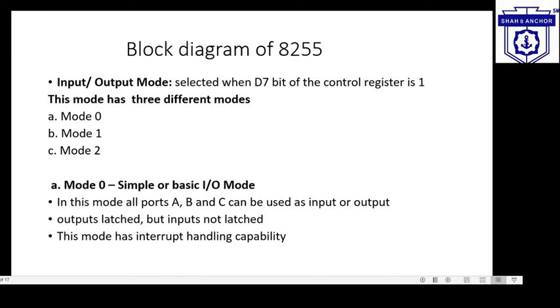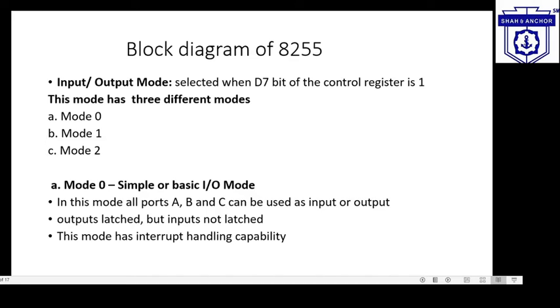Now when we talk about mode 0, it is a simple mode or basic input output mode. In this mode, all the ports of 8255, that is port A, B and C, can be used as an input port or output port. In this mode, inputs are not possible to latch, but we can latch the outputs.